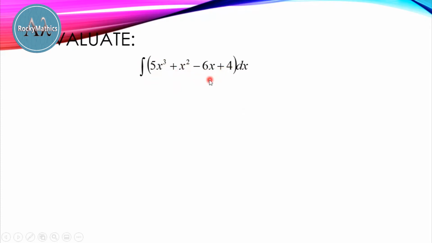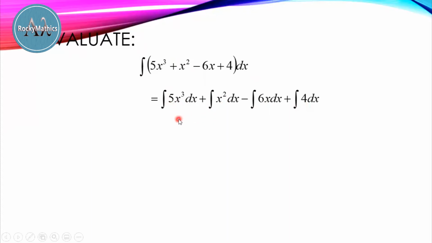All we have to do is apply that the integral of a sum or difference is simply the sum or the difference of integrals. So you just get the integral of each term: the integral of 5x cubed dx plus the integral of x squared dx minus the integral of 6x dx plus the integral of 4 dx.